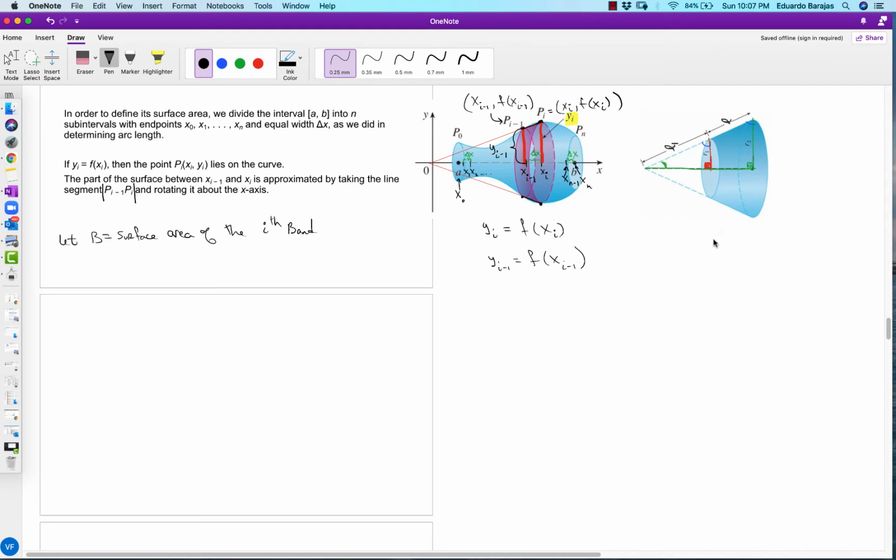So earlier we found that the surface area of this band is equal to the formula pi L times R sub 1 plus R sub 2.